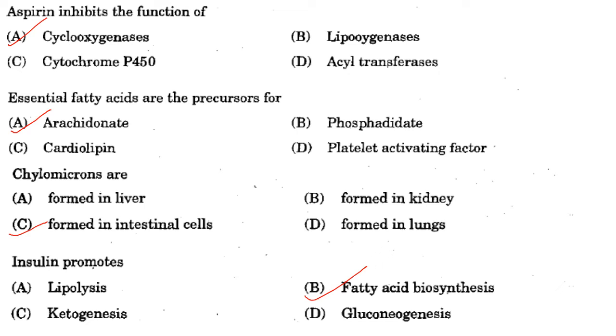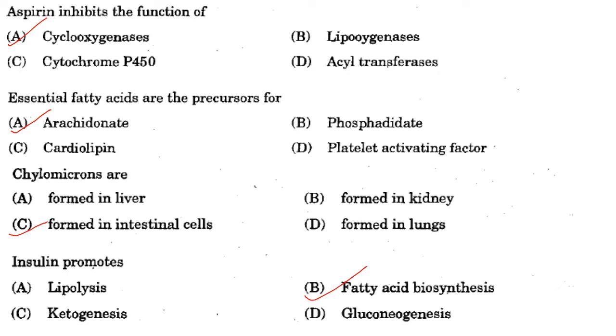Then next one, insulin promotes fatty acid biosynthesis. That is, insulin in the circulation along with glucose is elevated during feeding of a high carbohydrate diet and induces enzymes involved in fatty acid and triacylglycerol synthesis.